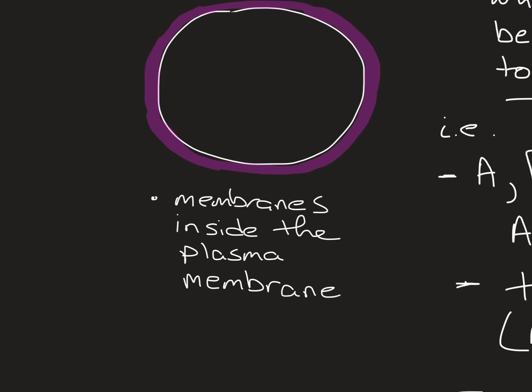How do we define a compartment? How do we define a space in a cell? How do we make a room in a cell? What do we use to separate the spaces to call it a room? To call it a room, you have to have something separating it from everything else, right?